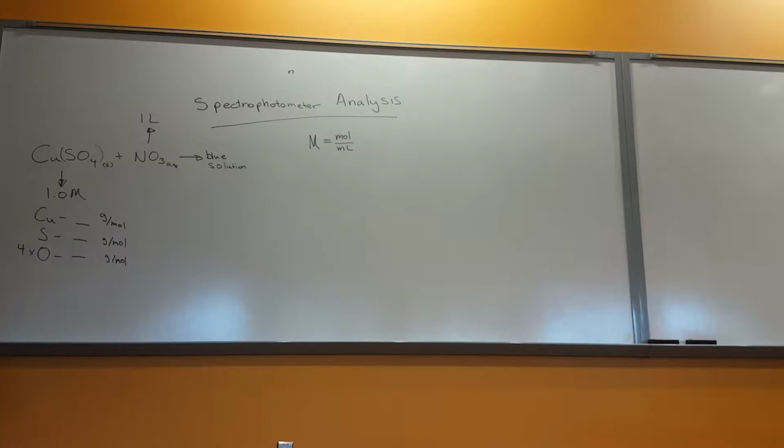Then what would you do? Add them all together, and you get some total in grams per mole. Now what do you do? Take that number and plug it in. Multiply that by the molarity. You want 1 molar. What are the units for molarity?